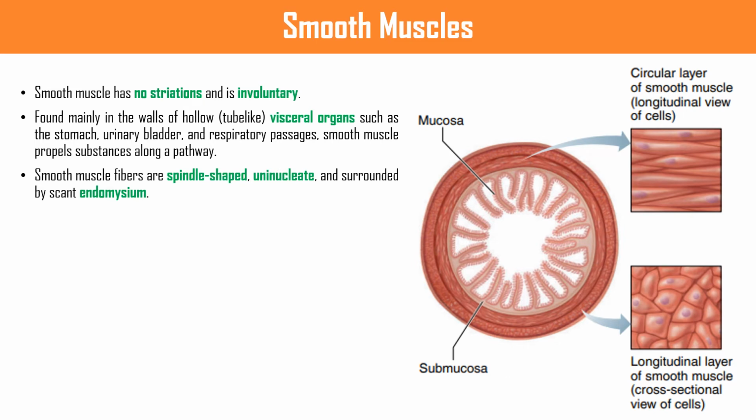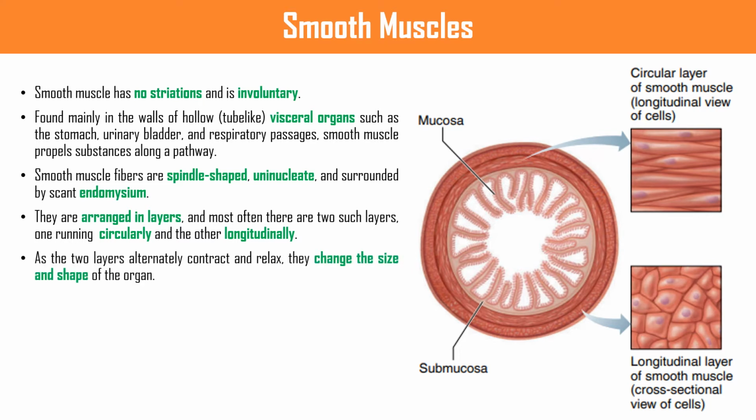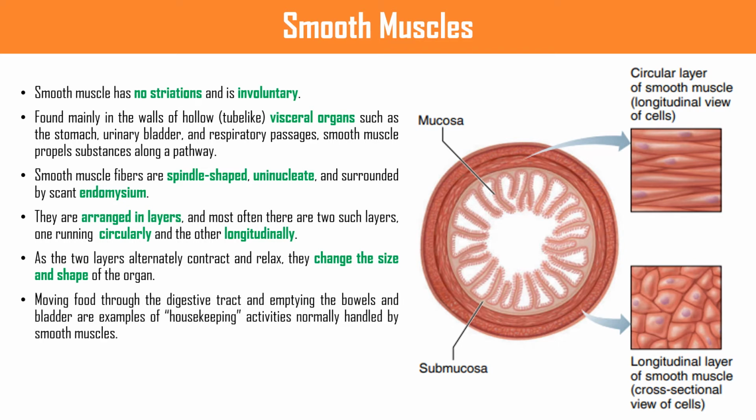Smooth muscle fibers are spindle-shaped, uninucleated, and surrounded by a scant endomysium. They are arranged in layers, and most often there are two such layers, one running circularly and one running longitudinally. As the two layers alternately contract and relax, they change the size and shape of the organ.